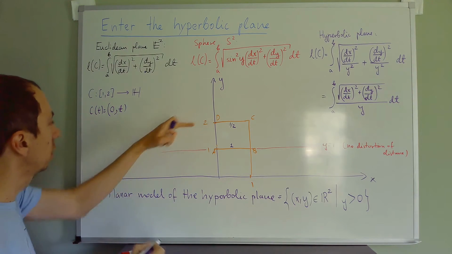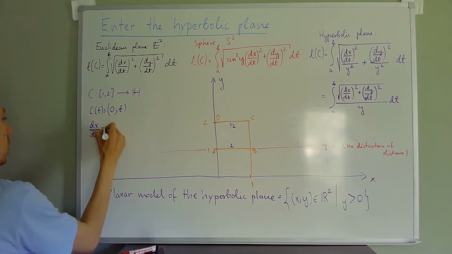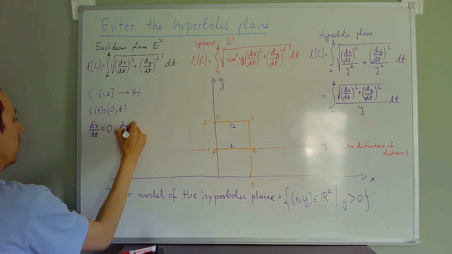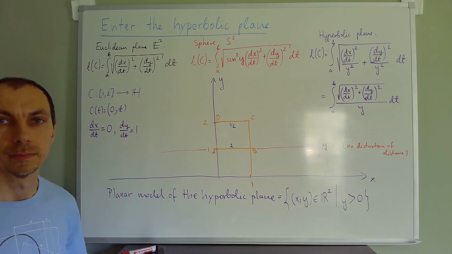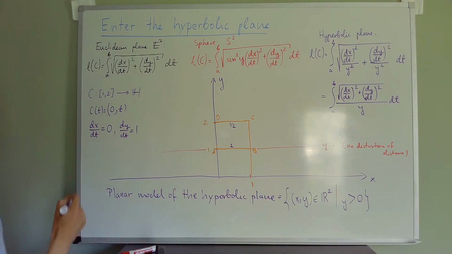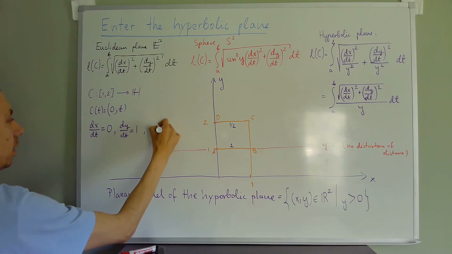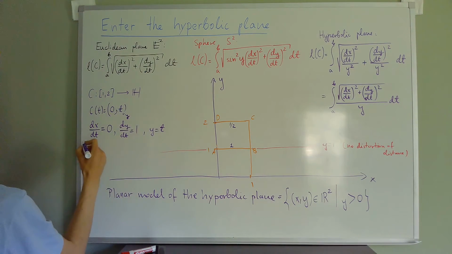So I'm going from here to here. Now I'm computing dx over dt, that's 0, and dy over dt is equal to 1. So if I do that, what is y? Oh, y is equal to t this time.